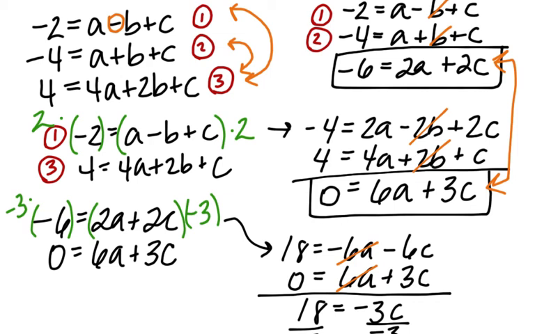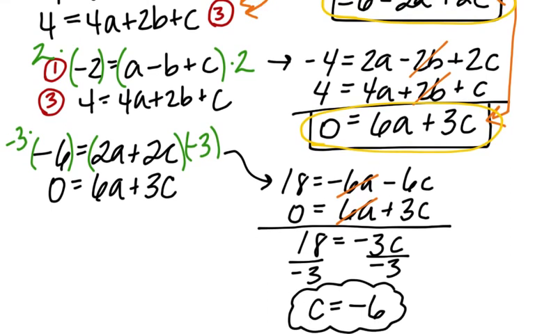So instead, I want to take my c value and substitute it either into my boxed equation 0 equals 6a plus 3c, or my other boxed equation negative 6 equals 2a plus 2c, because those are the two equations that only have 2 variables. So I'm going to go ahead and just choose the second one here, and I'll do my substitution.